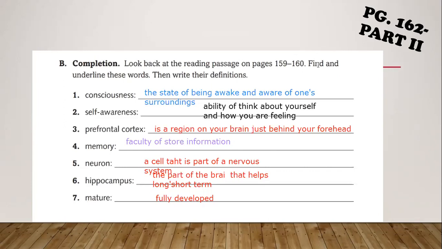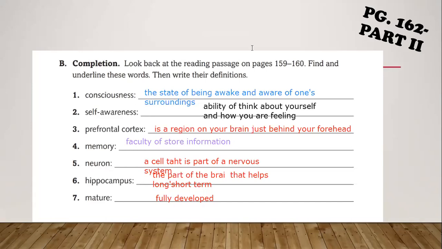Okay, did you guys copy this? Good. Number 5, yes, a cell that is part of the nervous system. Number 6, the part of the brain that helps for long term, and fully developed is the seven one.